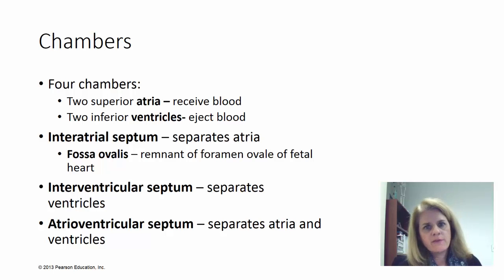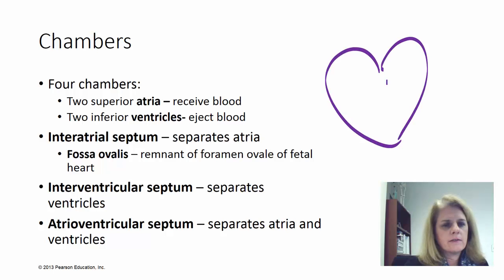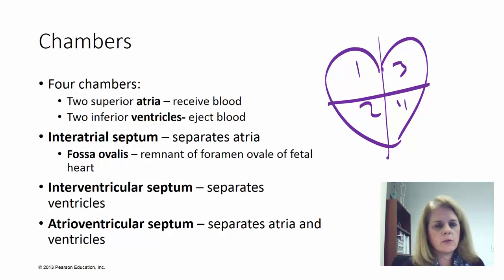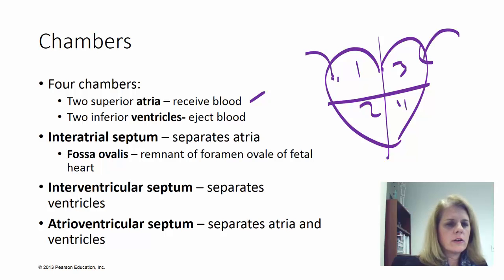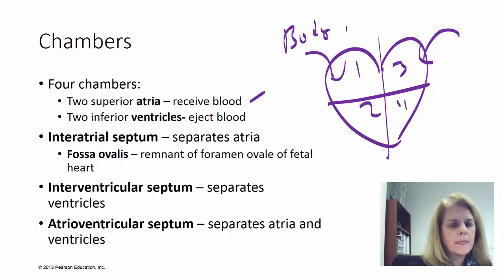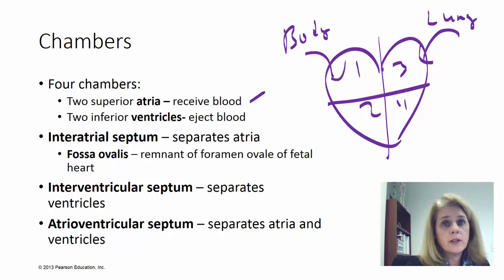So the heart's made up of 4 chambers. When you think about it, I like to draw the heart like this, and you have 1, 2, 3, 4 chambers. You have 2 superior atria, which are the receiving chambers, so blood comes into the heart, into the left and right atria. The right atrium brings blood from the body, and the left atrium receives blood from the lungs.